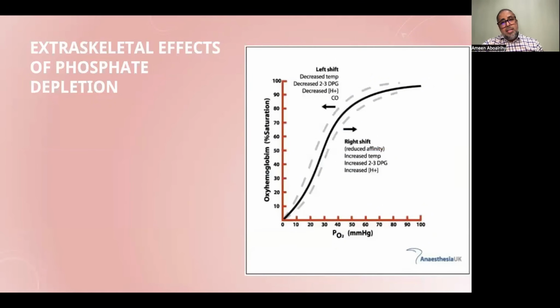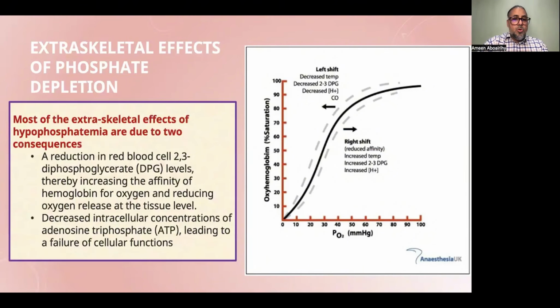How does phosphate affect oxygenation? It says here that the main reason for the extraskeletal effect of hypophosphatemia is two things. Remember the oxygen dissociation curve, and the 2,3-diphosphoglycerate, 2,3 DPG, level.